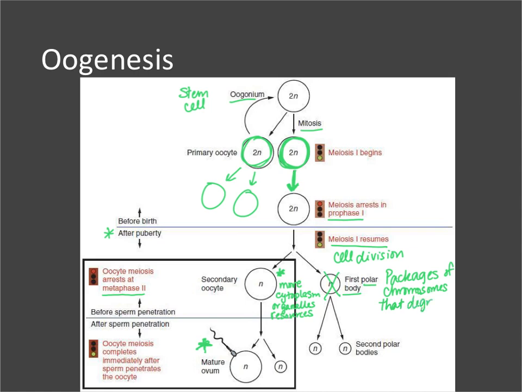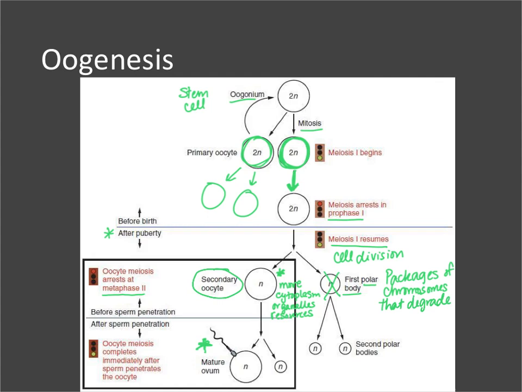We'll just say that they degrade. Because we need to make sure that the secondary oocyte only has the number of chromosomes that it needs to have. Because remember, if a zygote ends up with too many chromosomes, it causes problems with development.